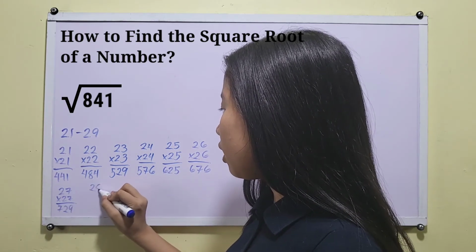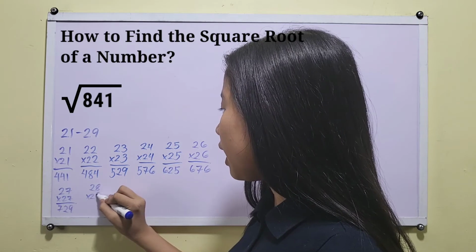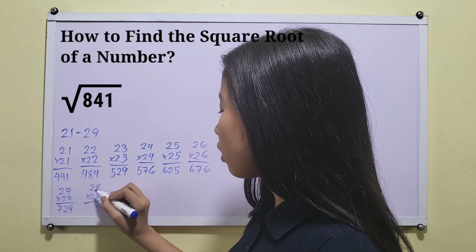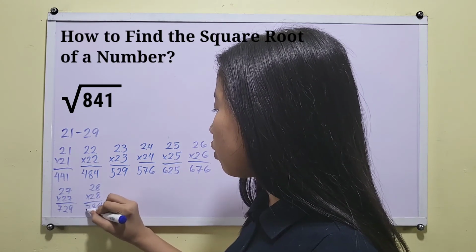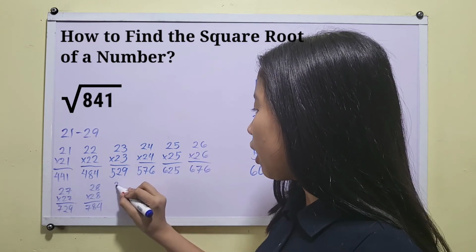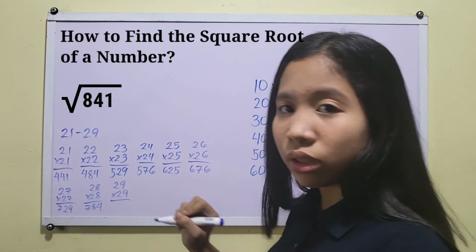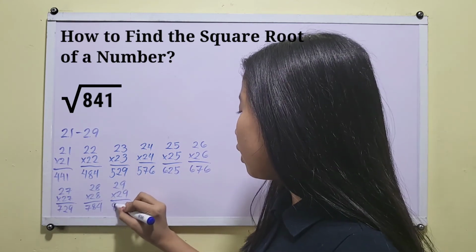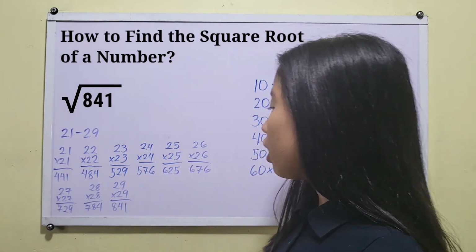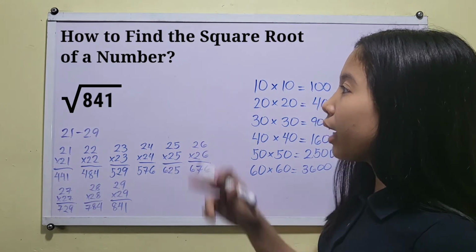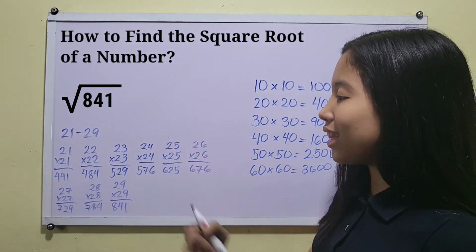And 28 times 28 is equal to 784. 29 times 29 is equal to 841. So the square root of our number 841 is 29.